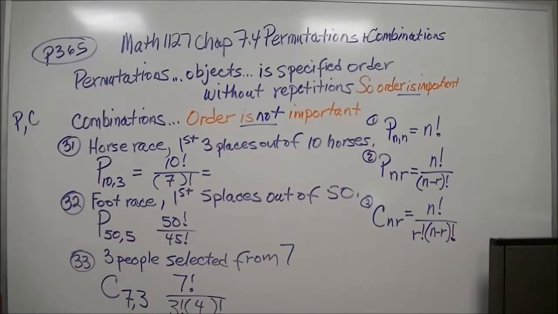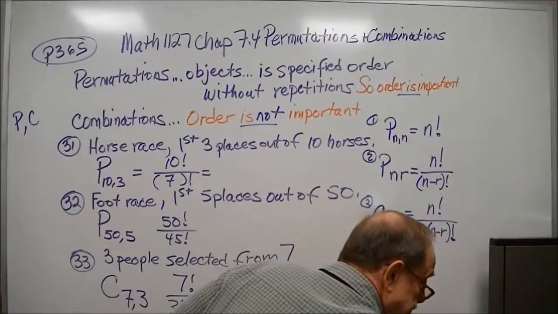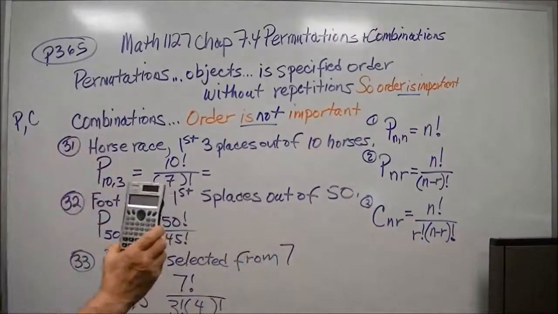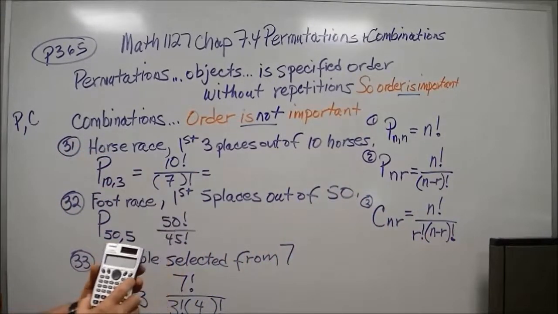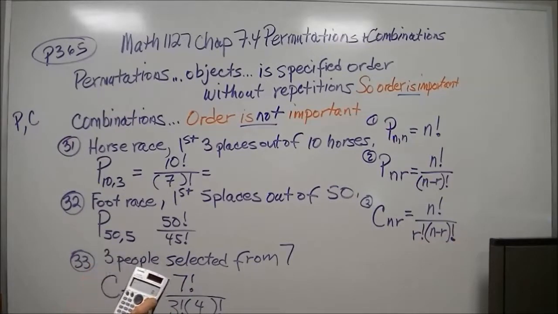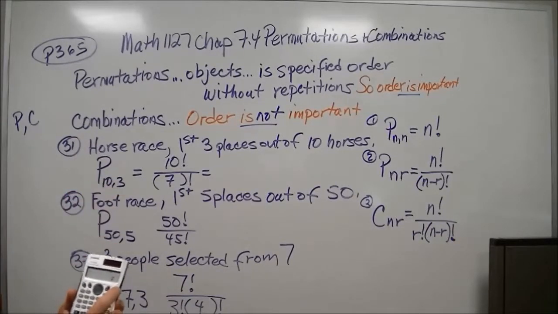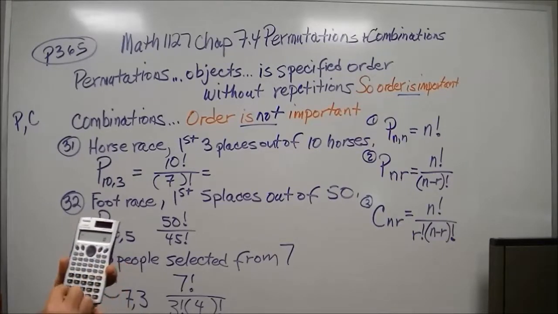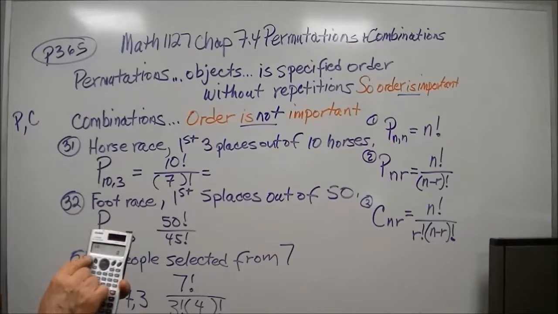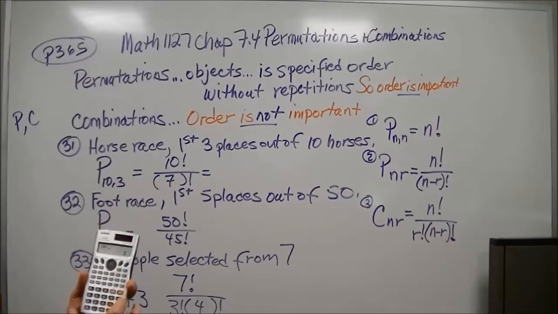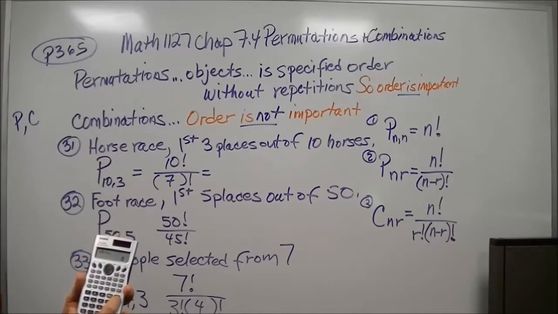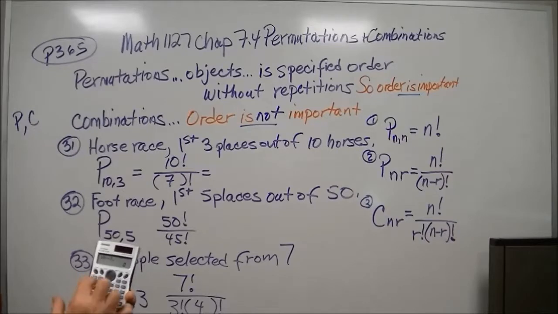Again, you need to have practice using your calculator. I have a little Casio here that I was using this weekend. As I do the first one, I go 10, shift factorial is right there, divided by 7, shift factorial, and I get 720.